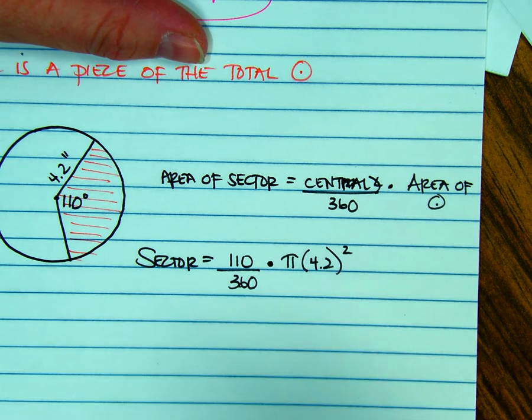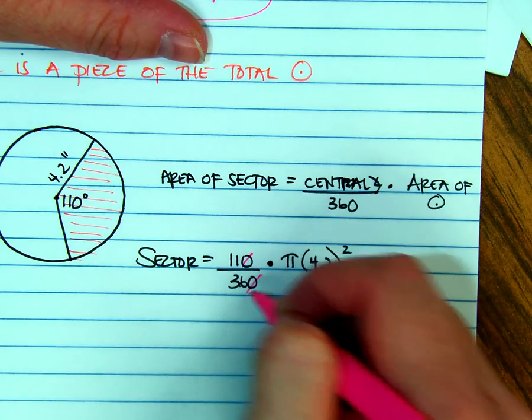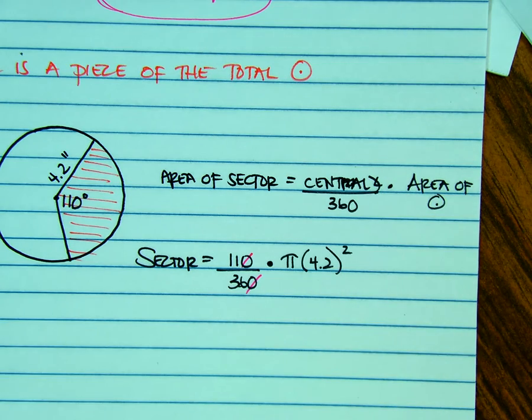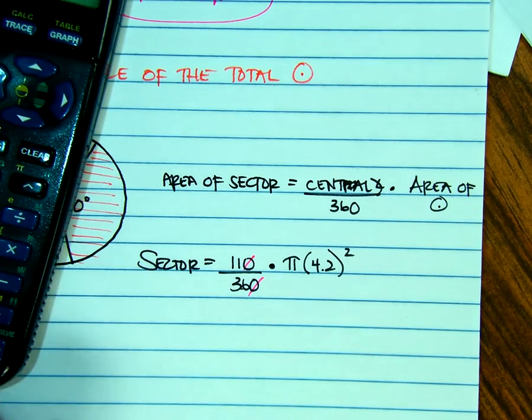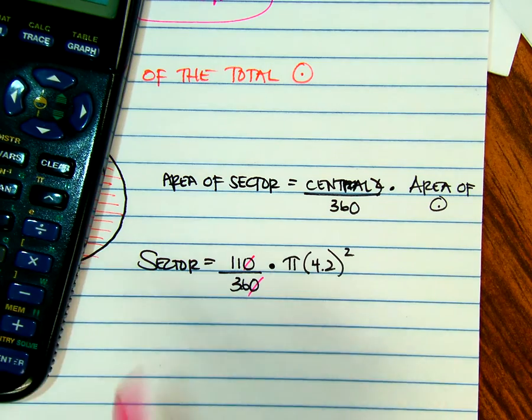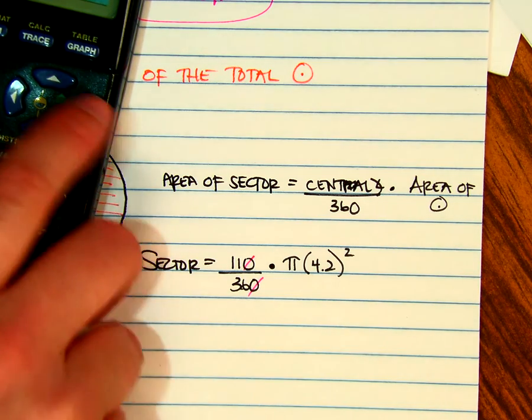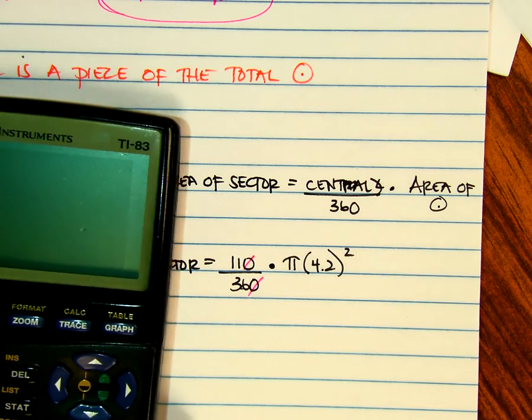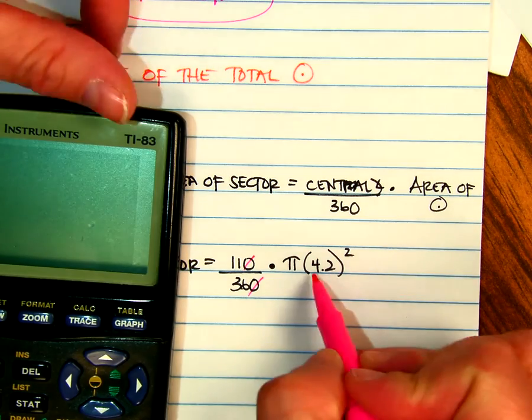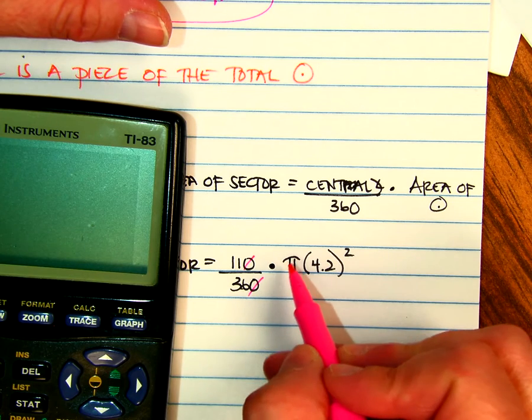I'm going to do a little bit of canceling. Cross those out because they divide. And then I'm going to use my calculator. Be very careful how you are doing this in your calculator, because depending on how your calculator does it, make sure that you are squaring the radius and not squaring the pi.